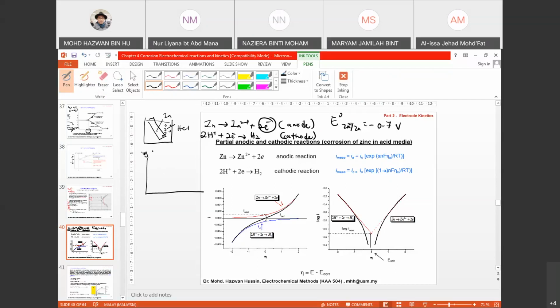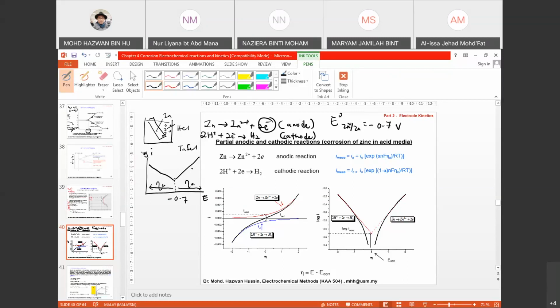Imagine that I have log I versus potential. This is the case of a Tafel plot. You have minus 0.7 over here, and then we increase the potential anodically and you get a linear region. Decrease the potential cathodically and you get another linear region. So you get a plot like this.